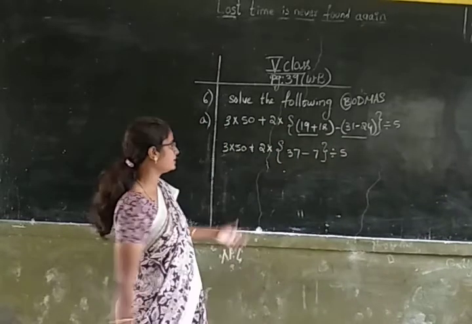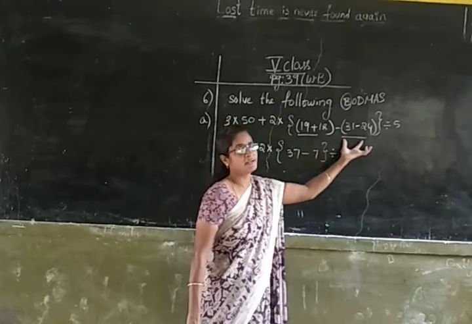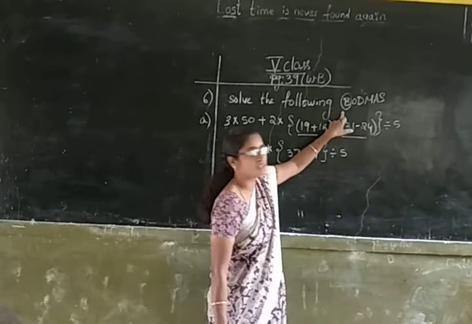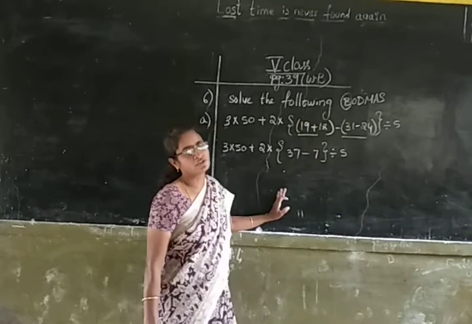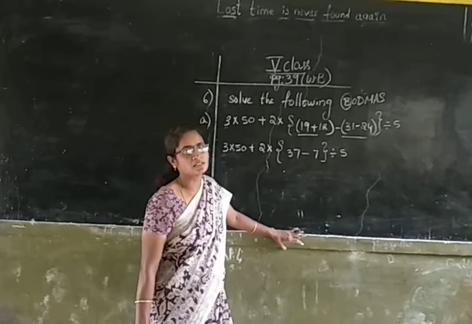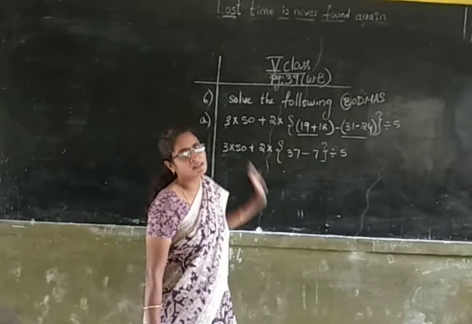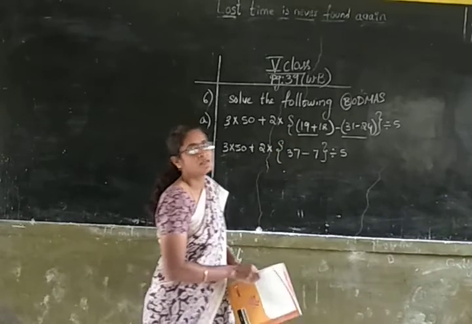Did you understand children? First we have to solve the terms inside the round bracket, then in the flower bracket, and at the last in the square bracket.